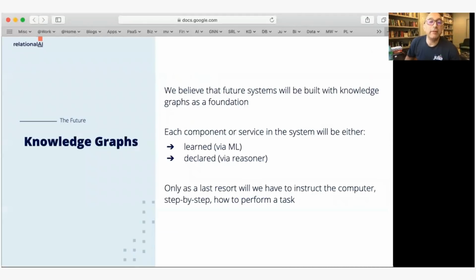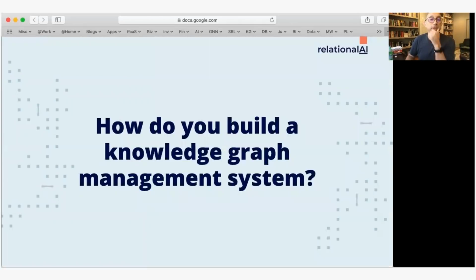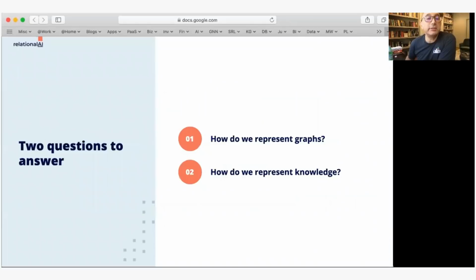And I believe that future systems will be built with knowledge graphs as a foundation, where each component or service in that system will either be learned via machine learning or it will be declared and executed via a sophisticated reasoning engine. You know, think SQL or Excel spreadsheets on steroids. And only as a last resort will we have to instruct the computer step by step how to perform a certain task. So how do you build a knowledge graph management system?